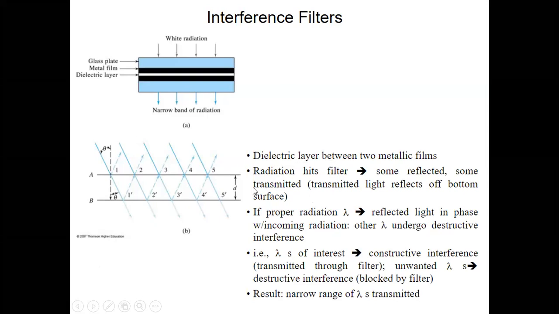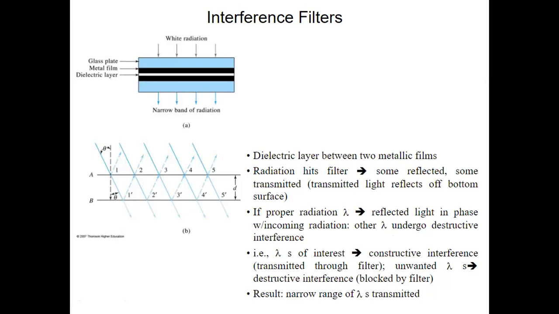So there's a dielectric layer and the radiation hits the filter, some reflected, some transmitted. If the proper radiation lambda is reflected, the light is in phase with the incoming radiation. Okay, so there are destructive interferences and constructive interferences. You remember, constructive interference happens when the phases of two different waves are the same.